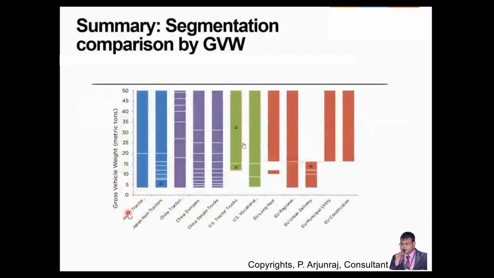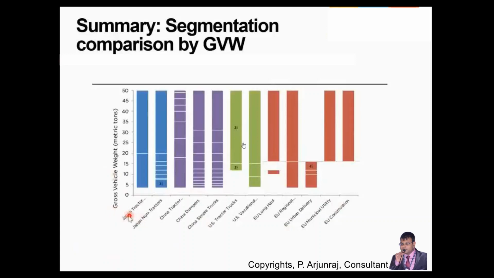This is the graph showing the comparison between the various countries, which involves Japan, China, US, and Europe, where they use different heavy vehicles related to tractors, trucks, and delivery vehicles, and some utility vehicles as well. Against the gross vehicle weight, what is the gross vehicle weight that they have in terms of tons?